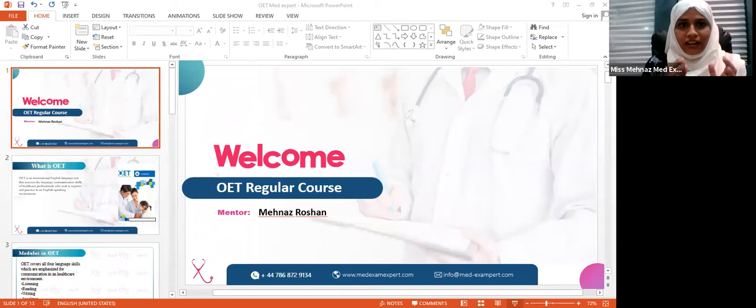In part A, the questions you'll come across will be matching questions, mostly in the first set. The first 7 questions will be matching questions. Then you'll have short answer questions where you're asked to write a word or two. And the last one will be gap filling: there will be a sentence with a gap in between and you need to fill it.